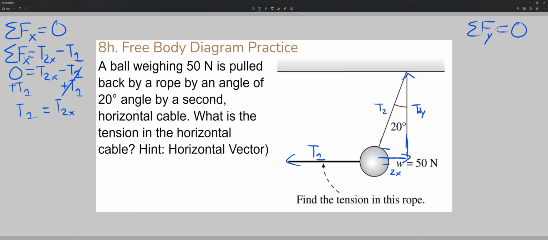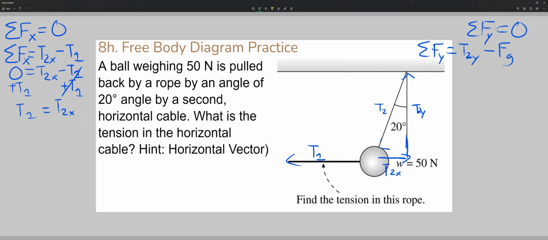So now we have to figure out how to get T2x, the tension of the second rope along the x-axis. Let's look at our y-axis and all the forces acting along it. I have my tension upward, which is T2y, the tension of the second rope along the vertical axis, minus my force due to gravity.